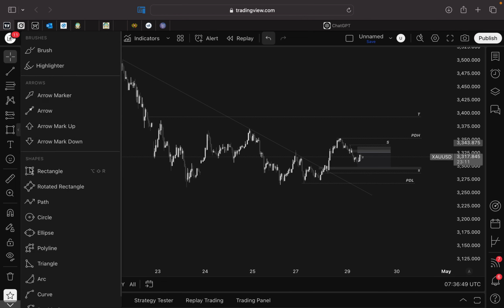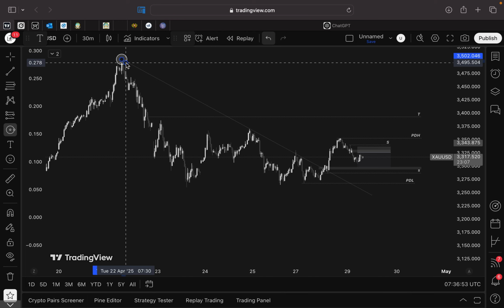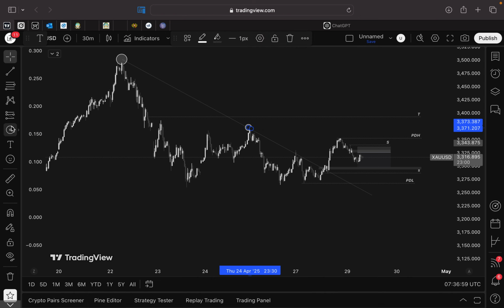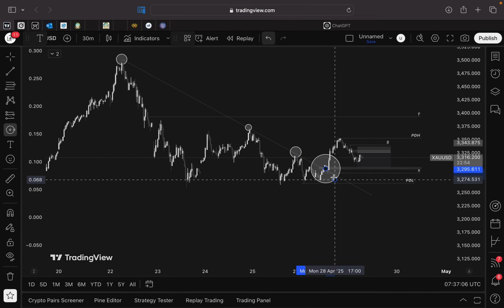We have the all-time high as one point of reference, then this level as the second, thirdly this point, and the fourth point of reference is here.